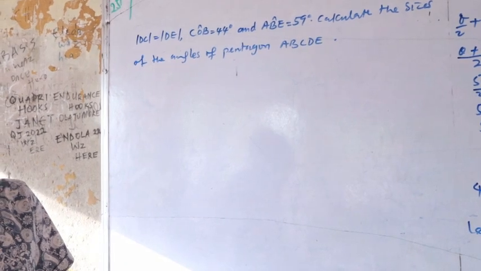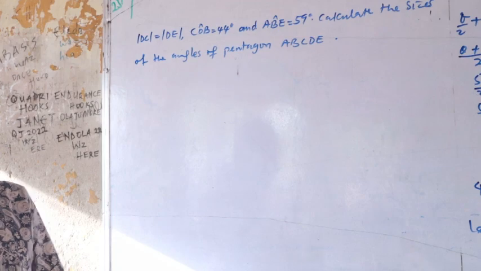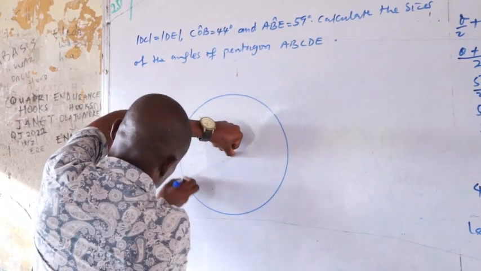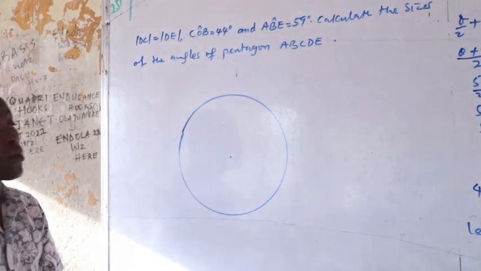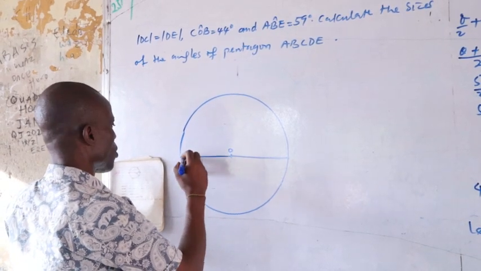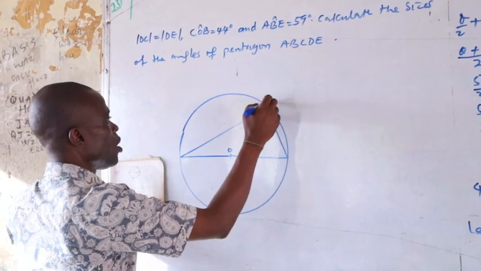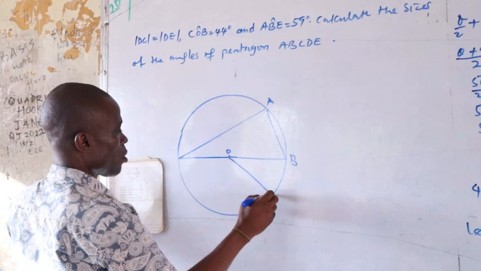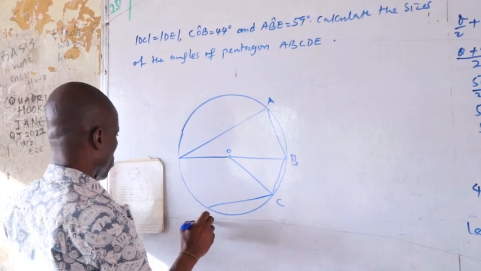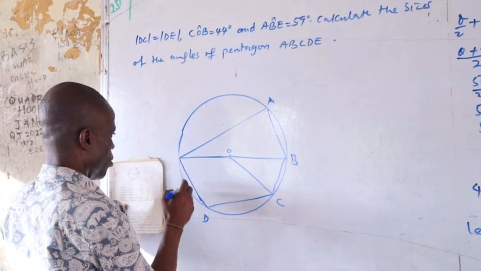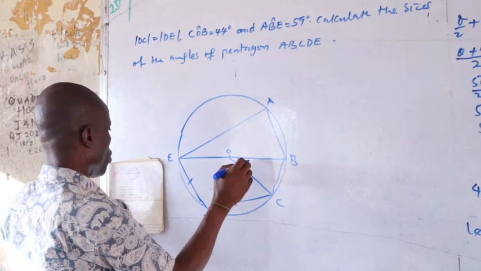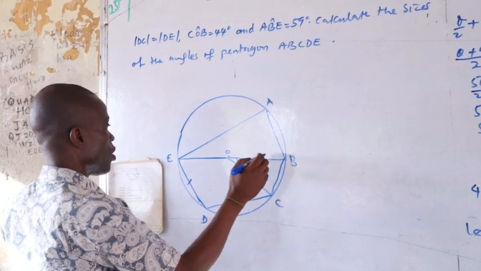Now let me draw the diagram for you. A, B, C, D, E. 144, 44, 59.